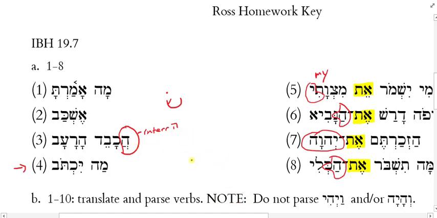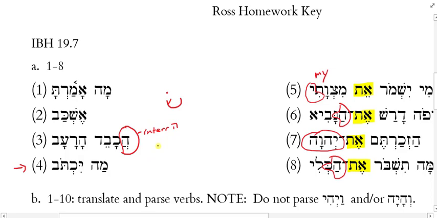Add the interrogative hey. That converts it to what kind of question? A yes or no question. Right, a yes-no question. And put that into a yes-no question format now. The famine was heavy now becomes was the famine heavy? Or just raise your intonation.